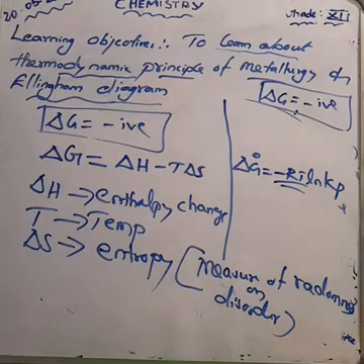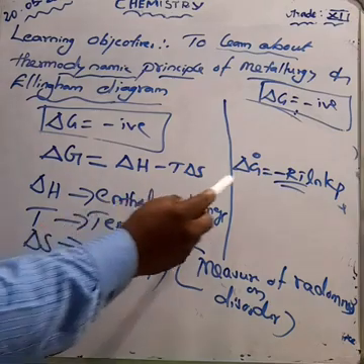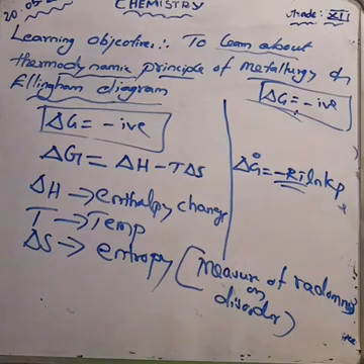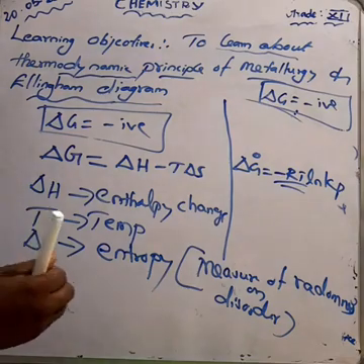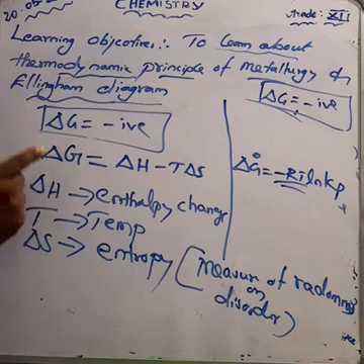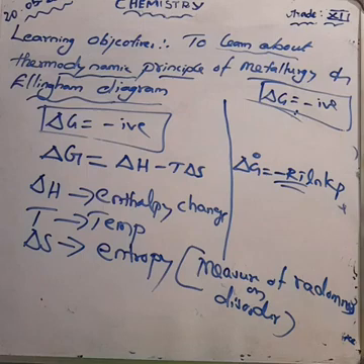Delta G naught is equal to minus RT ln Kp, a relationship to calculate delta G naught at various temperatures.